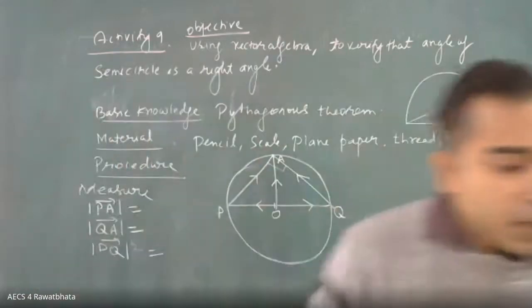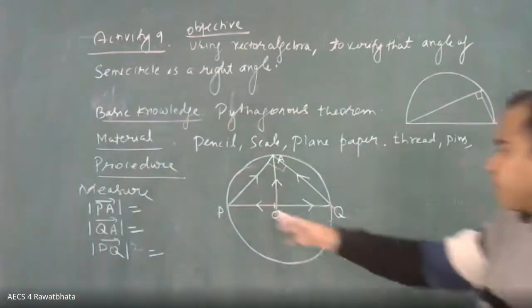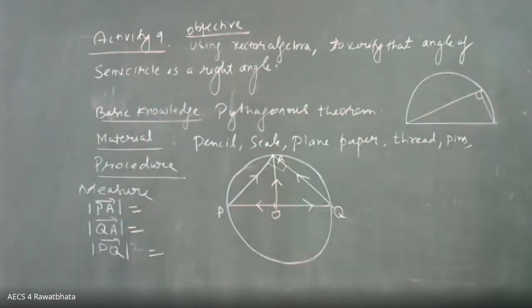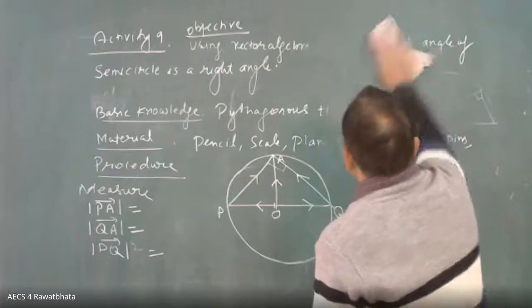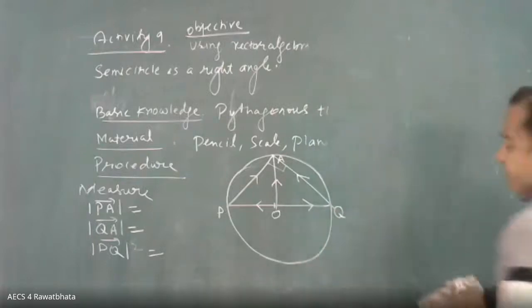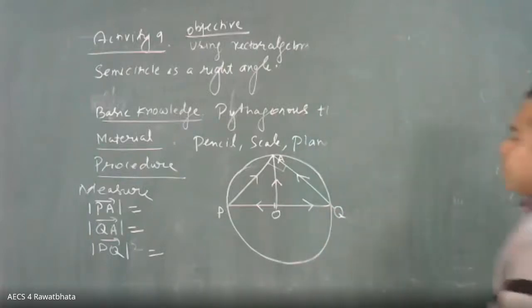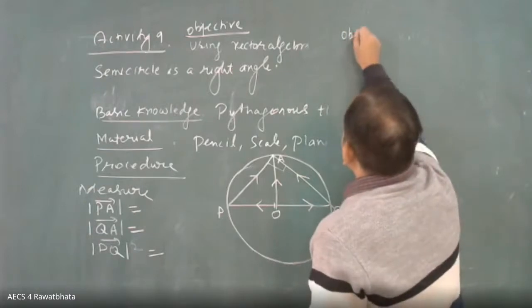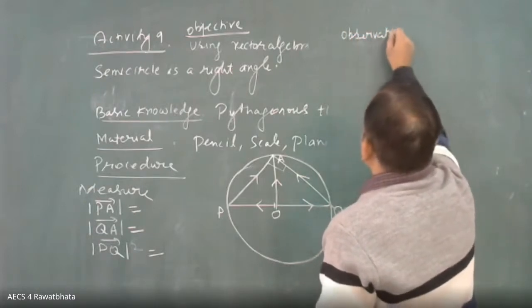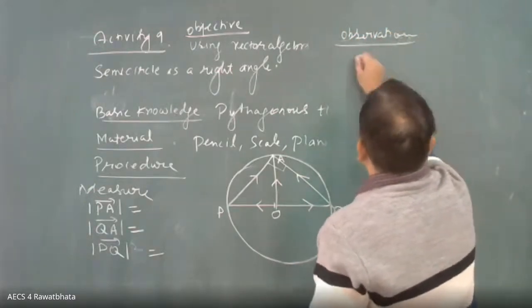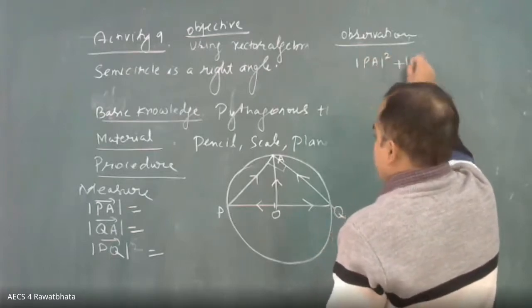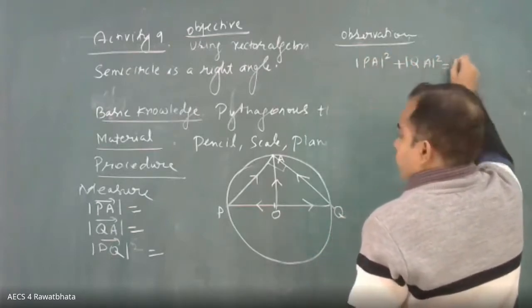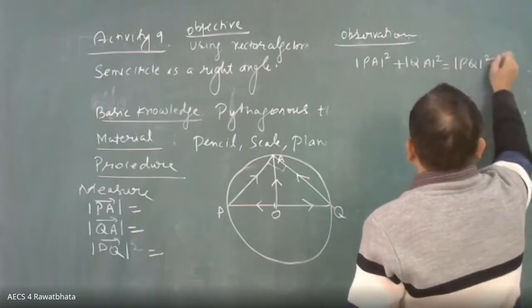And hopefully, you will see that magnitude of PA square plus magnitude of QA square is magnitude of PQ square. Very simple. And this will be verified in the observation. PA square plus QA square equal to magnitude of PQ square, right?